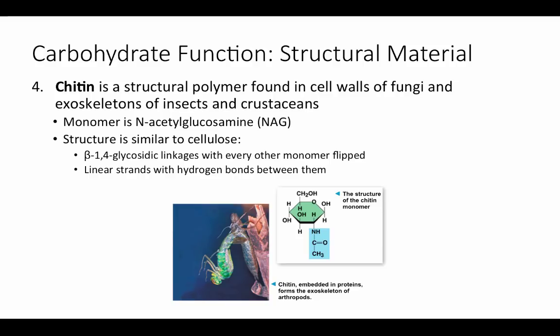And so again, it's going to form those hydrogen bonds between linear strands and be another good structural meshwork that's going to be fairly stable and give good structure. So this is part of the exoskeleton in insects and crustaceans. They use chitin, and fungi such as mushrooms also use chitin in their cells to produce that structural rigidity.